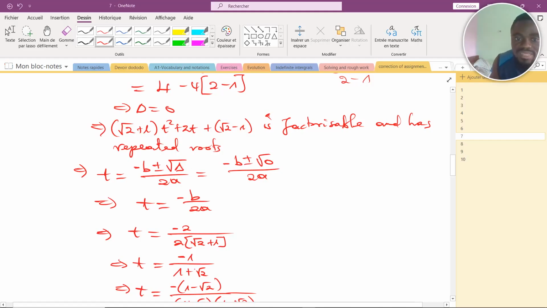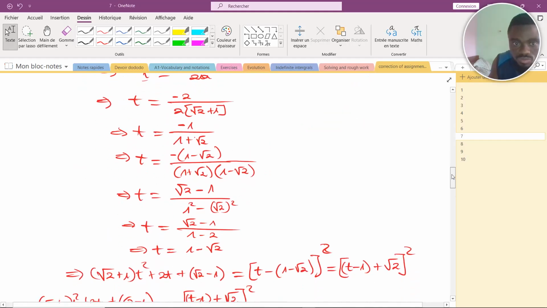But remember, our delta is 0, so the whole of this becomes 0. So my t will be minus b on 2a. Now, what is my b? My b is 2. What is my a? My a is root 2 plus 1. So I'll have 2 into root 2 plus 1. Perfect. Let's continue.